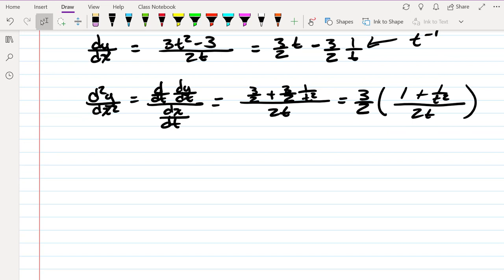And if we really wish, we can clean that up by multiplying both the numerator and denominator by t squared. So cleaning up a little bit more, pulling the 2 out of the denominator and multiplying the top and the bottom by t squared, we end up with (t squared plus 1) over t cubed.